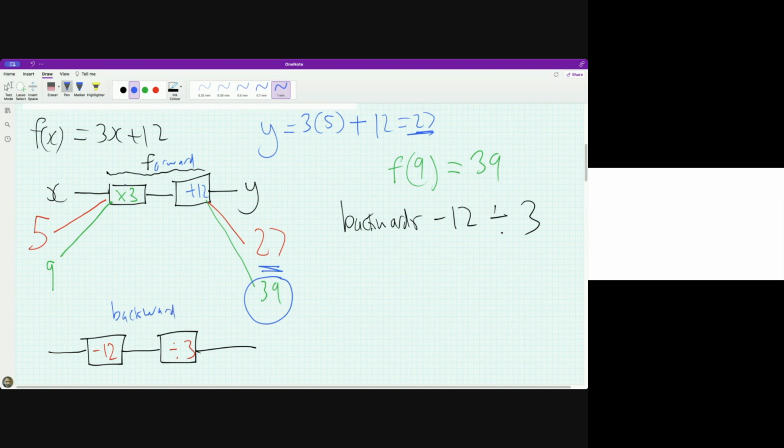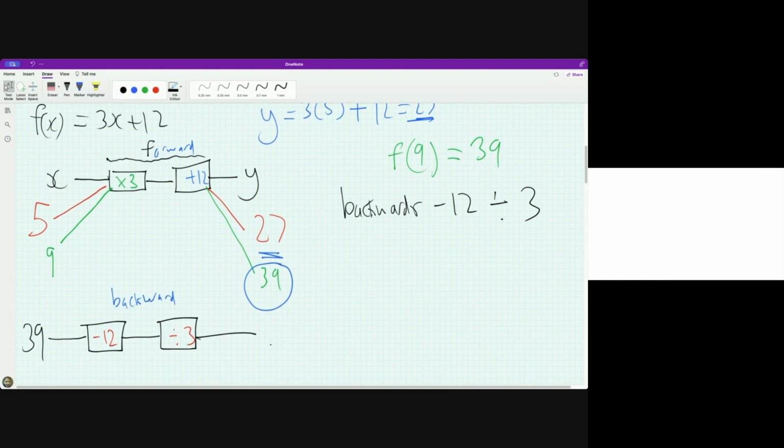I'm going to put 39 into this machine, and what will come out the other side? 39 take away 12 is 27, divided by 3 is 9. Oh my goodness, the backward machine works perfectly well because it sent 39 back to 9.